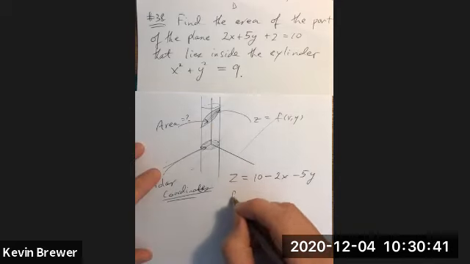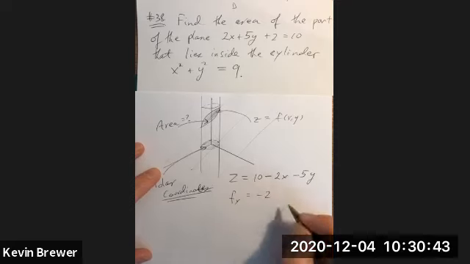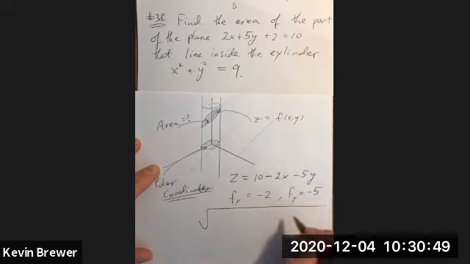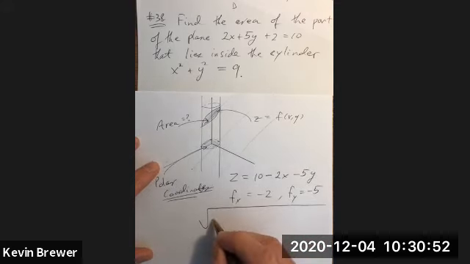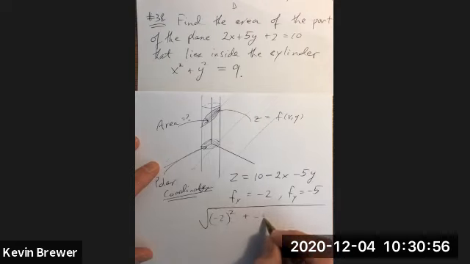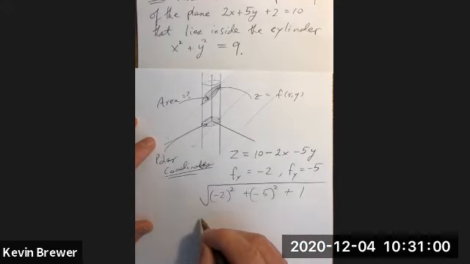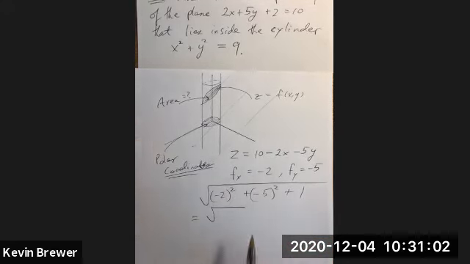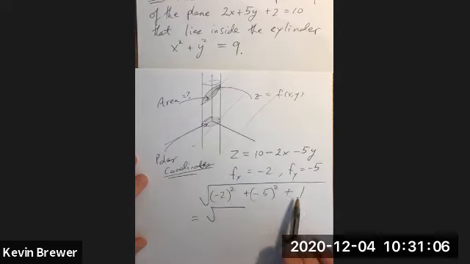Okay, so f sub x is minus 2, f sub y is minus 5. So the square root that we're looking for is the square root of -2 squared plus -5 squared plus 1, which is the square root of 4 plus 25 plus 1, so 30.